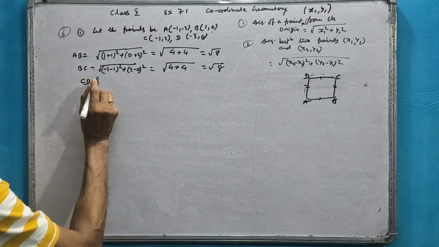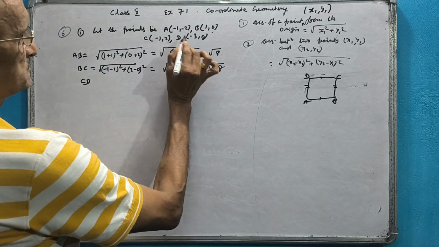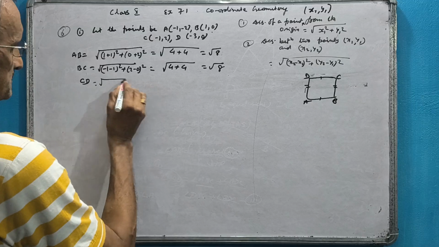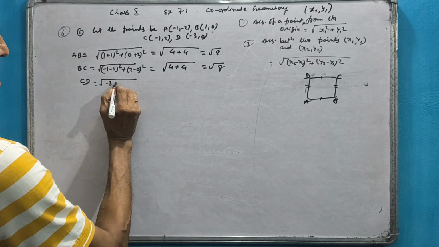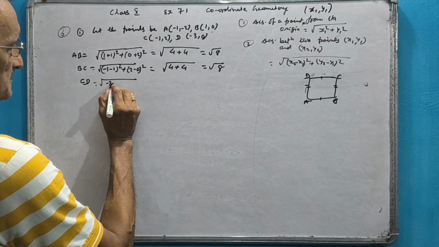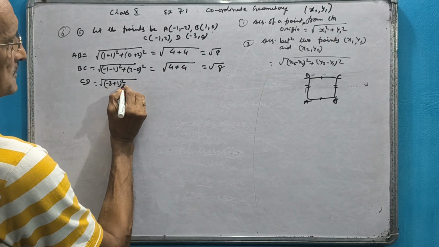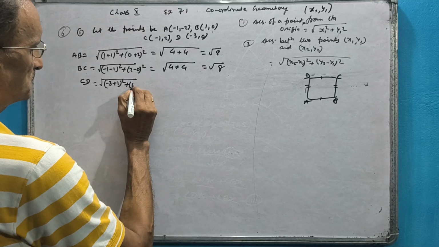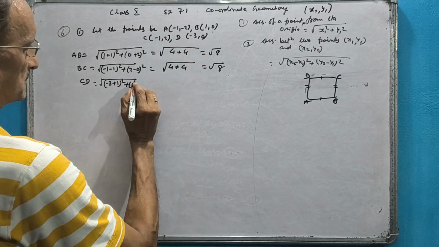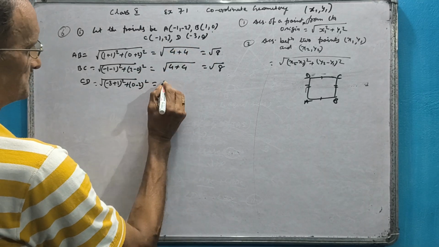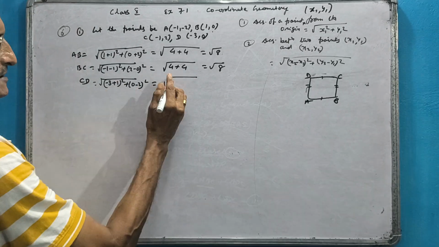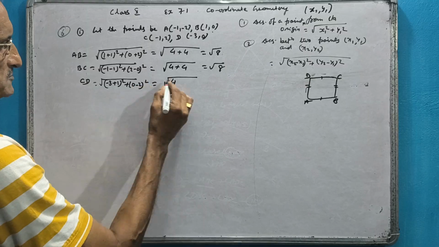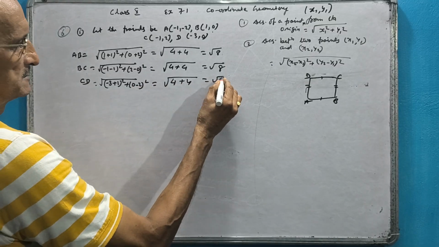And find CD. x2 minus x1: (-3 minus (-1)) whole square plus (0 minus 2) whole square. Minus 3 plus 1 is minus 2, whole square is 4, and again minus 2 whole square is plus 4. So root 8.